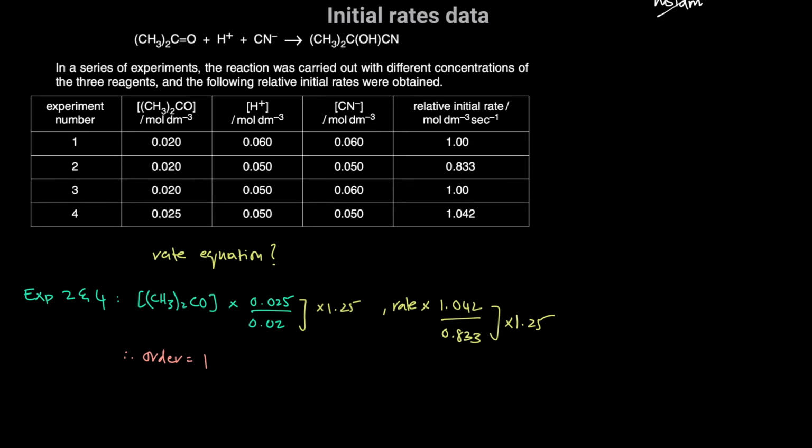Looking at experiments 1 and 3, we see that we're changing the concentration of H plus by a factor of 0.05 divided by 0.06, which is 0.833, and the rate is unchanged.